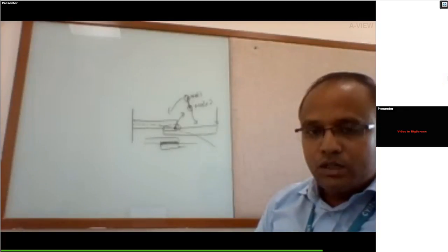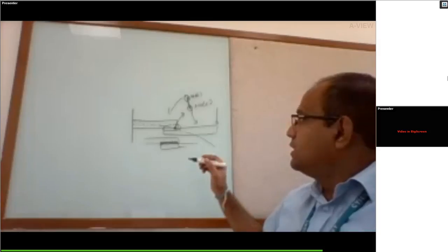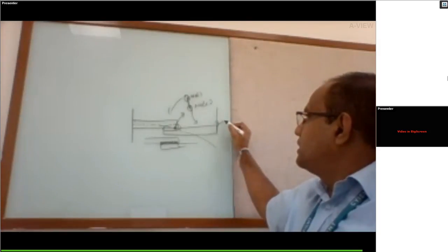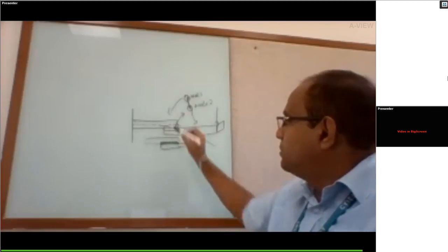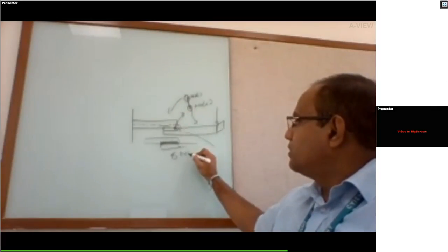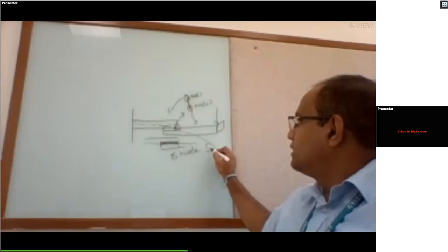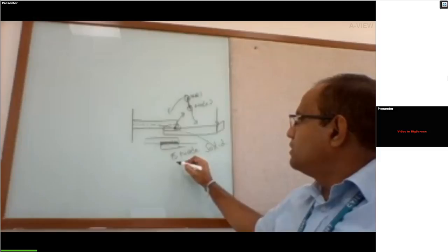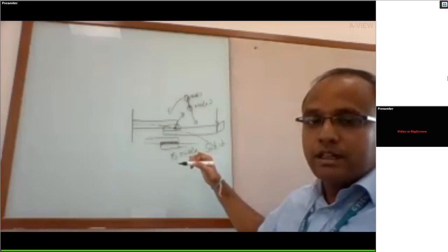So we need to put couplings. Suppose this element is a solid element, a solid 8-noded brick. We need to establish a relation in 3 directions.